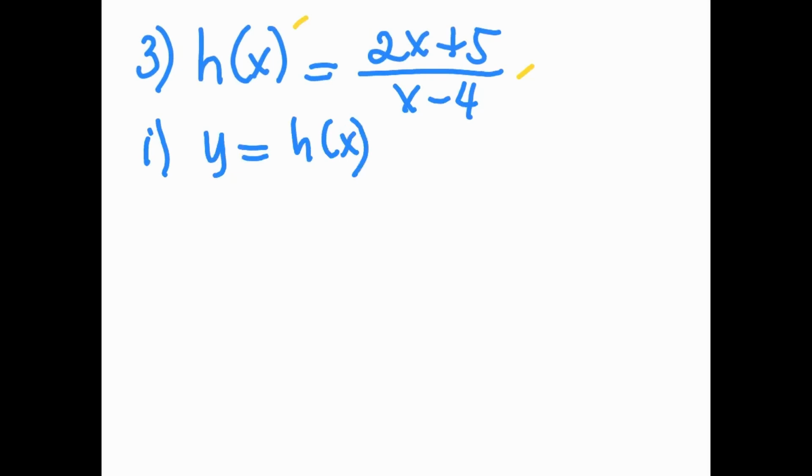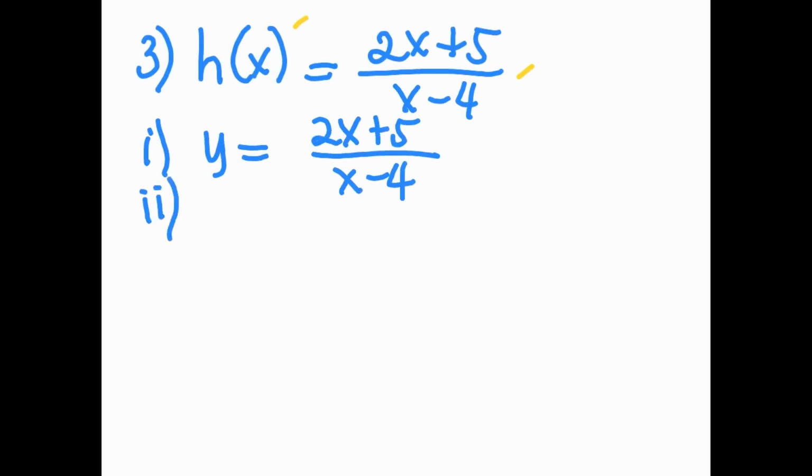So this will now become 2x plus 5 all over x minus 4. Now in the second step, we'll replace y with x, and replace x with y, right? Then this will now become x is equal to 2y plus 5 all over y minus 4, right?